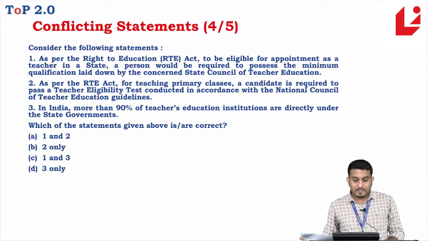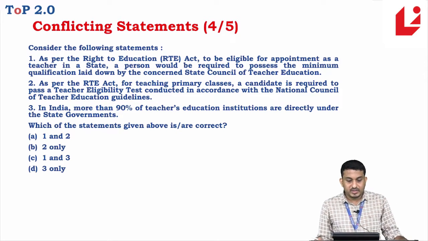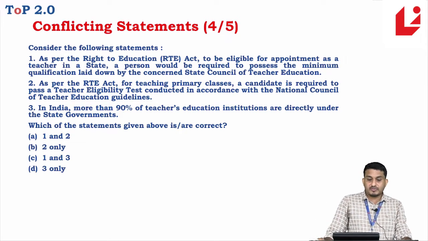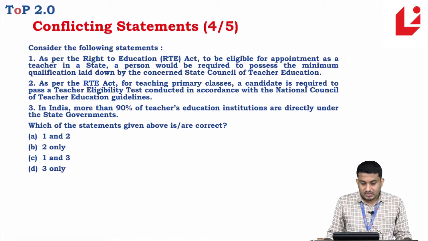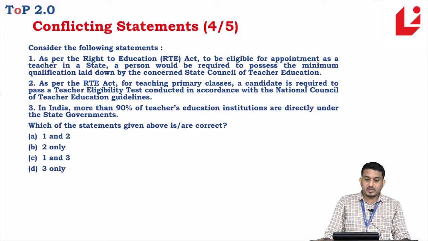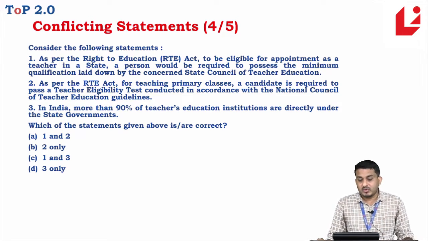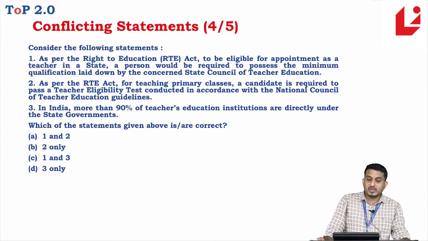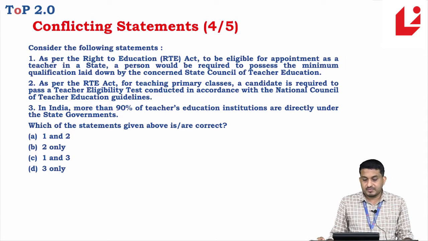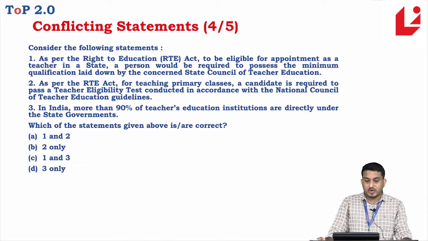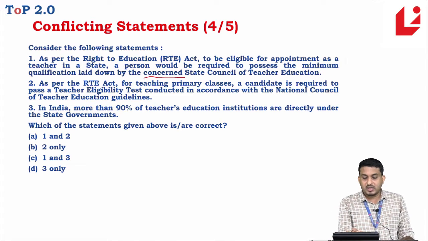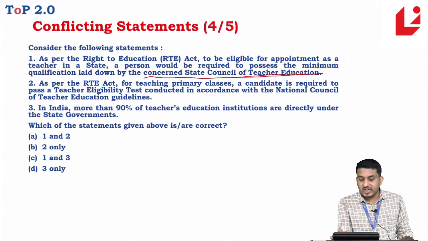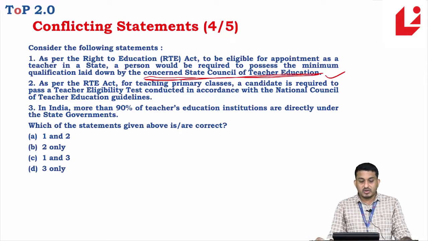Now next, conflicting statements, question 4. Now you read the question and try to find out the answer. As per the Right to Education Act, to be eligible for appointment as a teacher in a state, a person would be required to possess the minimum qualification laid down by the concerned State Council of Teacher Education. Now you read statement 2.